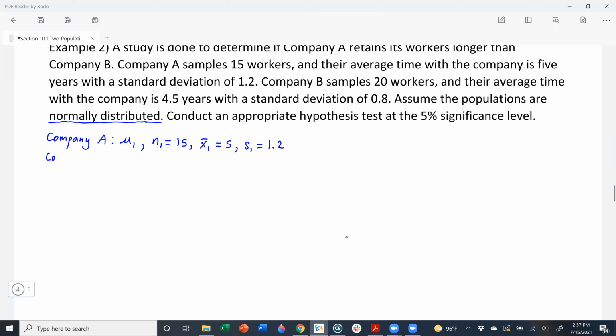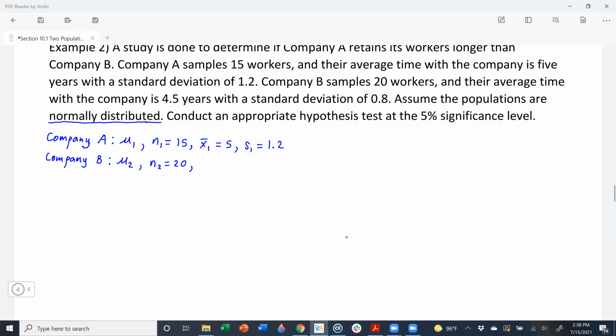For company B, I'm going to let that be sample number 2. So mu2 is its population mean. Company B samples 20 workers, so n2 is 20.